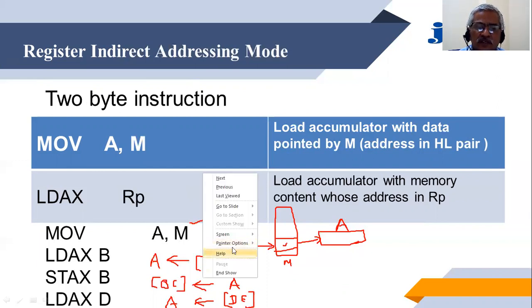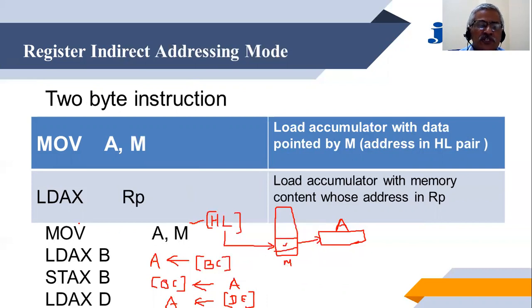So when we write a program with such an instruction, an instruction before this is supposed to be LXI H, suppose we write the address as 2500H.